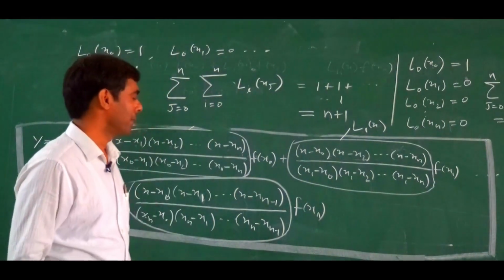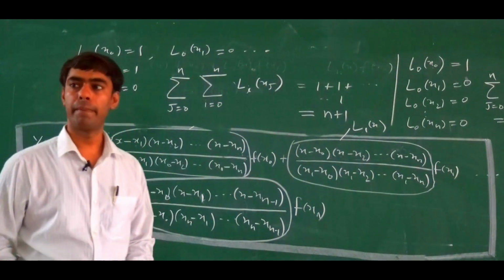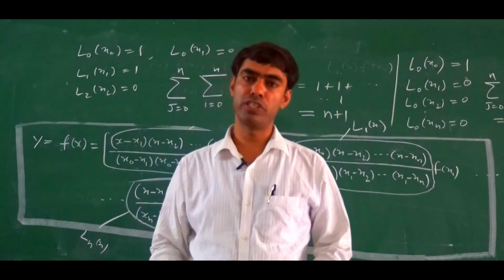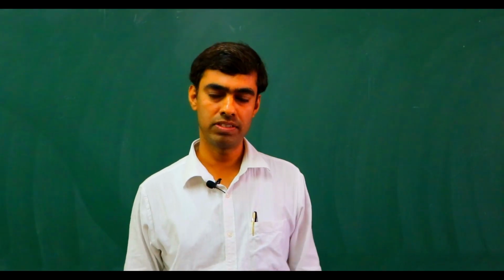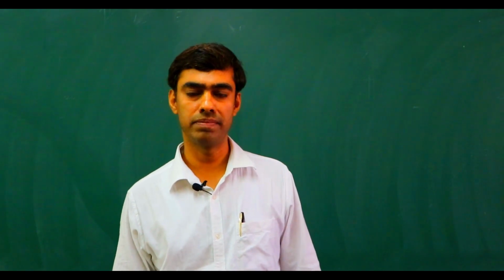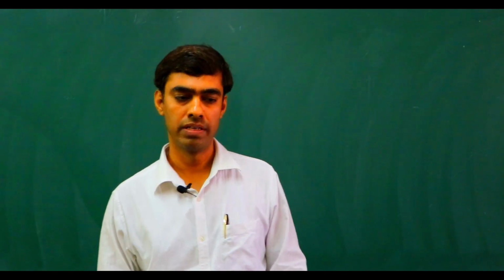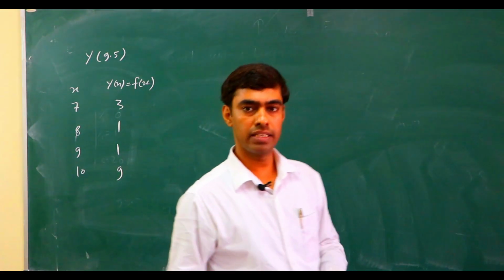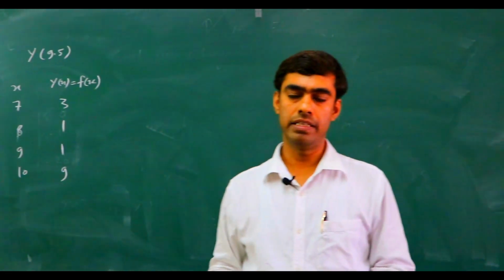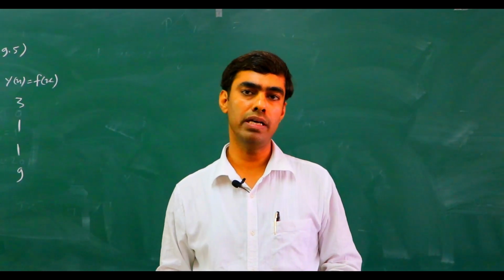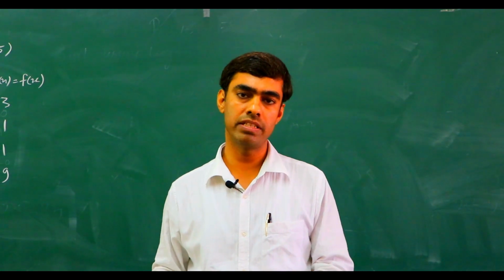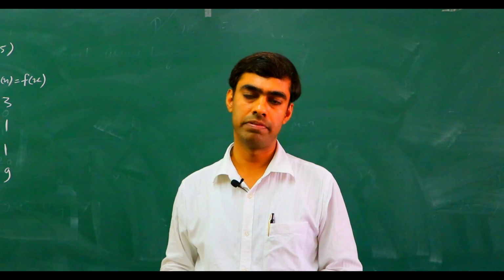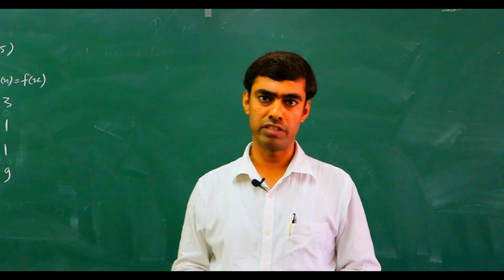Now next we solve a numerical problem based on the Lagrange interpolation formula. First we take a very simple example. In this example, we try to interpolate the value at 9.5, meaning the value of y at x equal to 9.5, using the Lagrange interpolation formula.